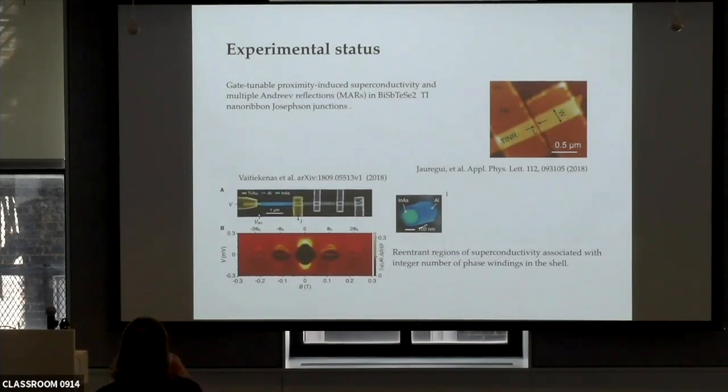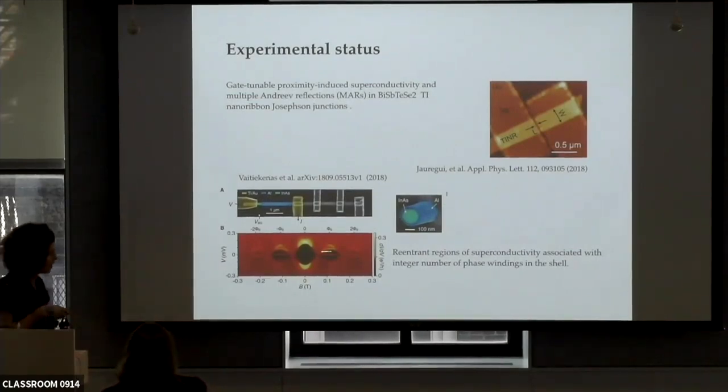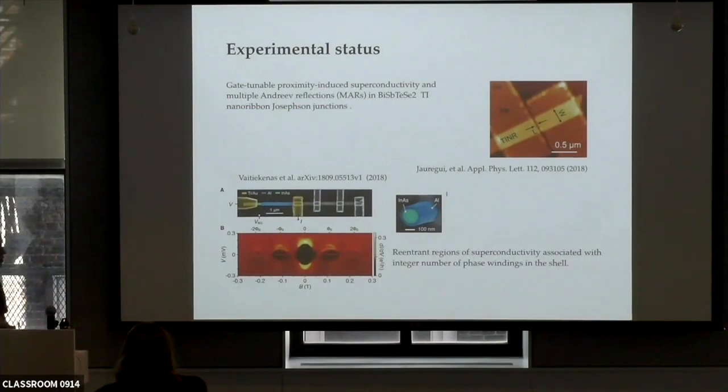And down here, there are the new experiments from Charlie Marcus's group, and you can see a really nice superconducting shell around an indium arsenide wire, and they do trap a flux through it, and they do phase wind, and they seem to have very nice in-gap states developing around half flux quantum. So this seems to be consistent.